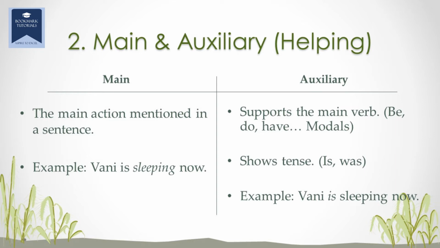The function of auxiliary verbs is to support the main verb. Be, do, and have are the most important auxiliary verbs. Auxiliary or helping verbs such as is and was, they help to show the tense of the sentence.